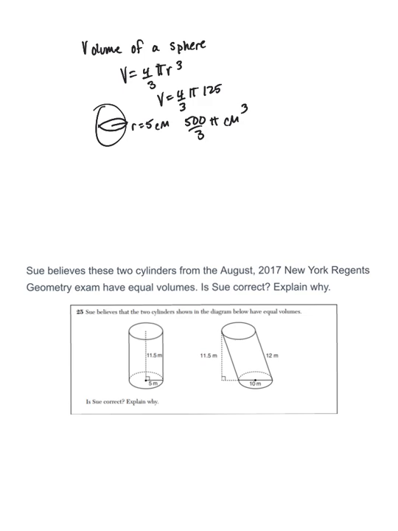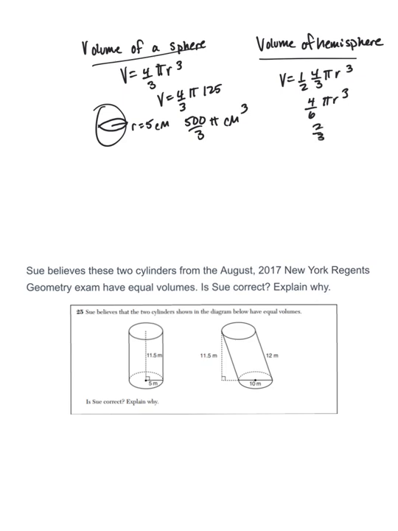Now, if they give you a hemisphere, they're not going to give you this formula, but the question comes up often. Volume of a hemisphere is just half of that. So it's 1/2 times 4/3 pi r cubed, or 4/6 pi r cubed, which is the same as 2/3 pi r cubed.